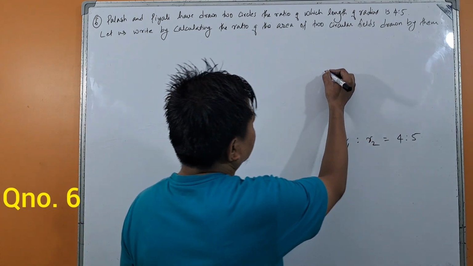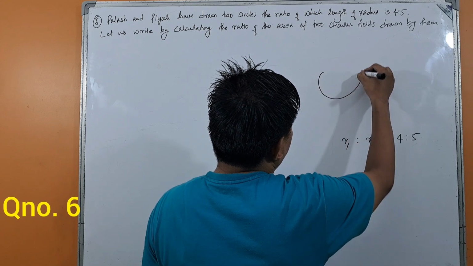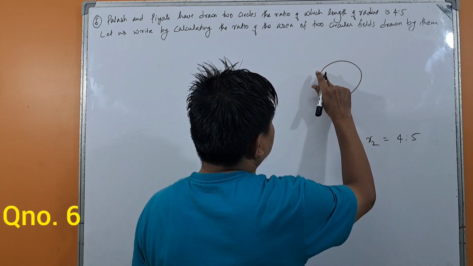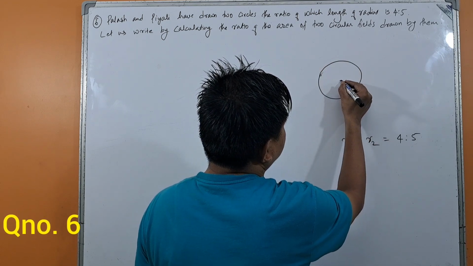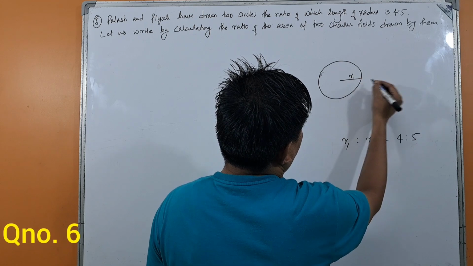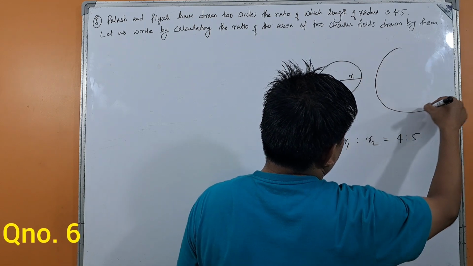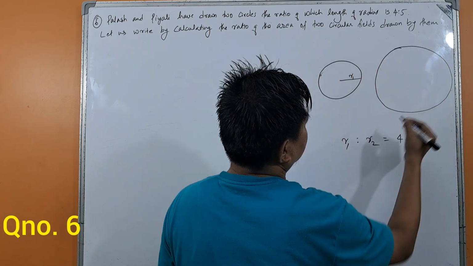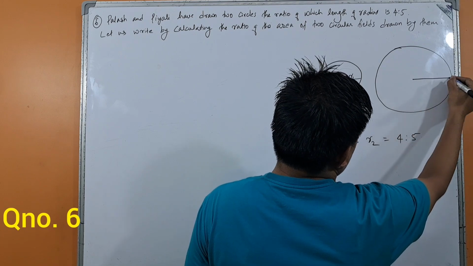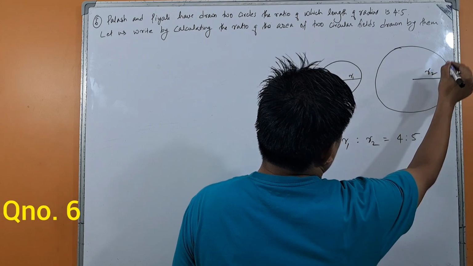So let me draw the circles. This smaller circle is drawn by Palas, whose radius is r1, and this bigger circle is drawn by Piali, whose radius is r2.